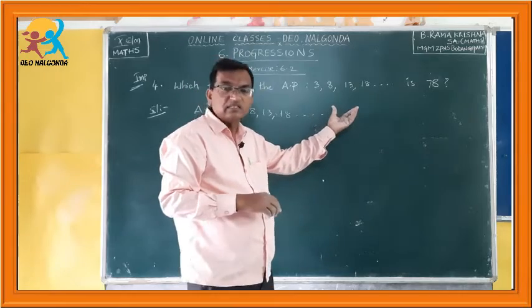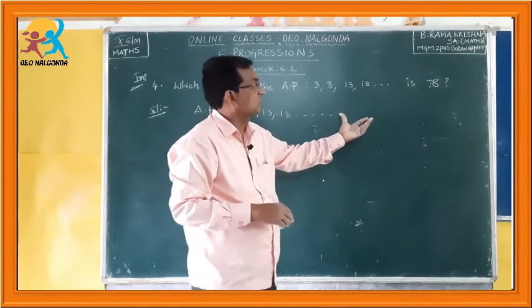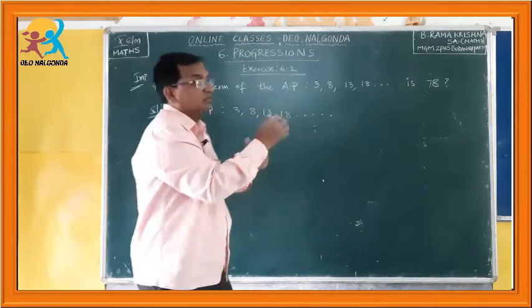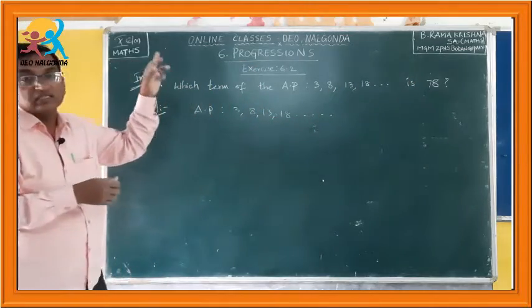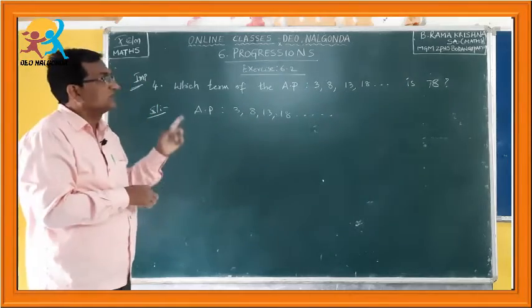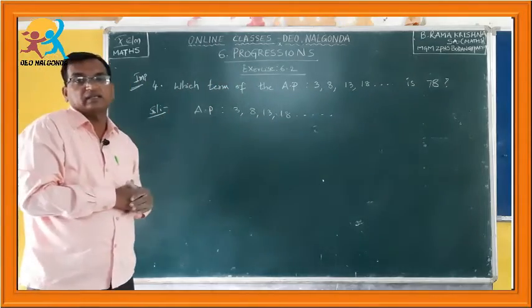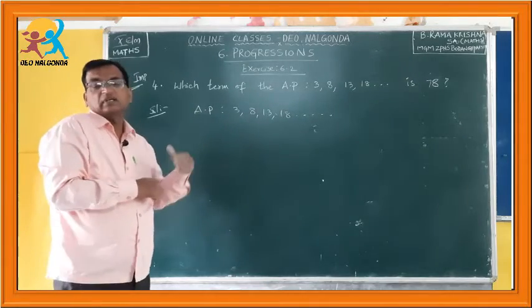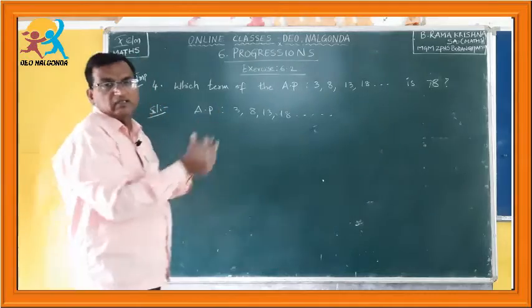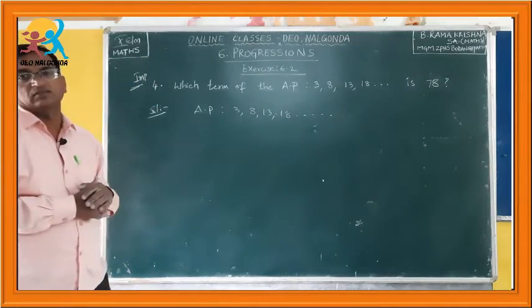Somewhere in this progression, you will get 78, and he is asking us to find the number of that term. Is that the 5th one? Is that the 10th one? Is that the 11th one? Which term is that 78?